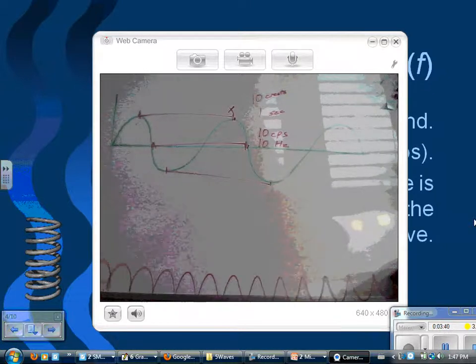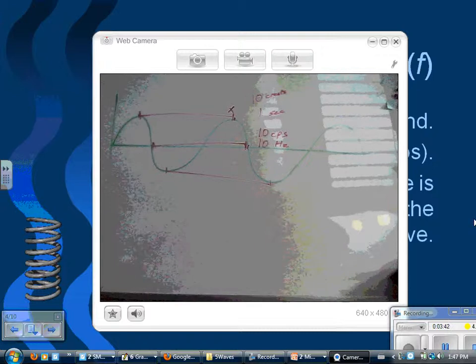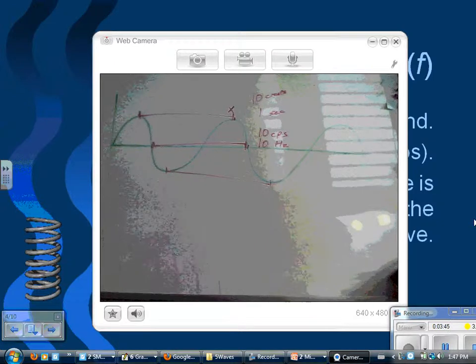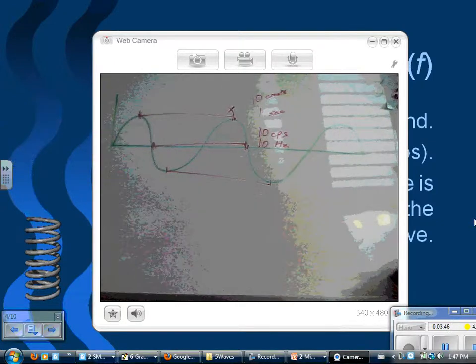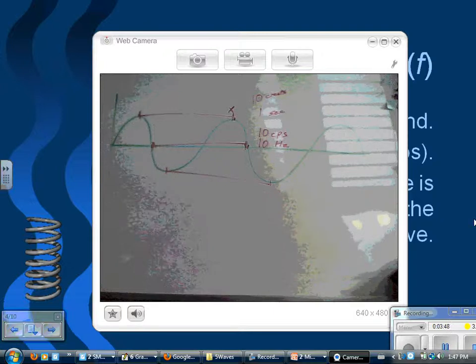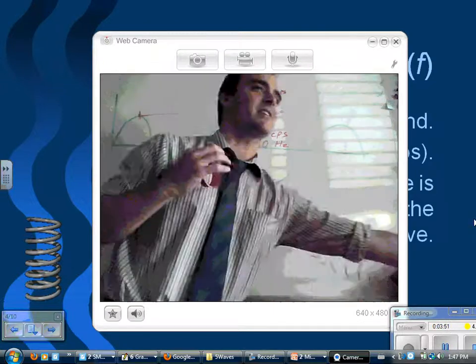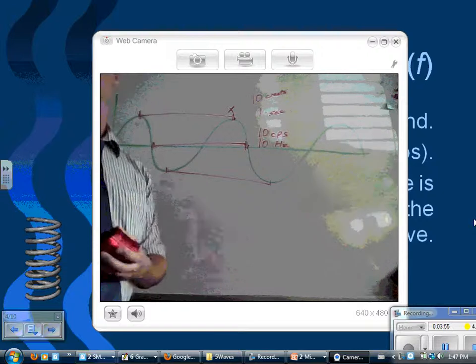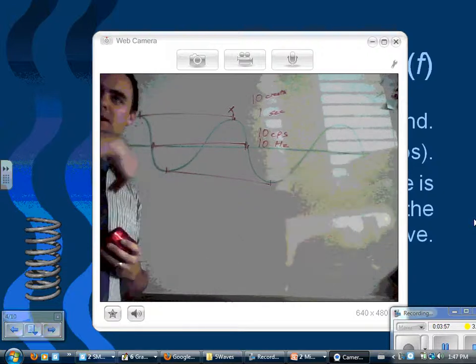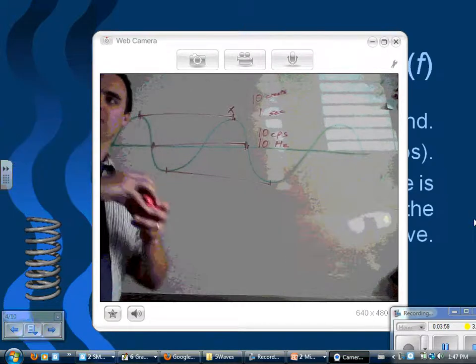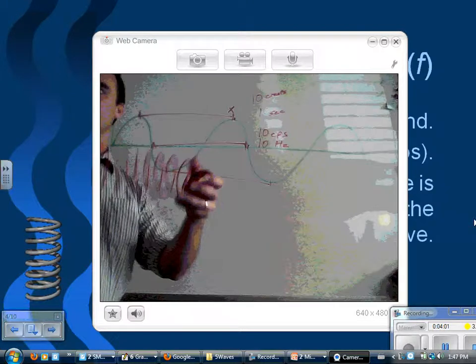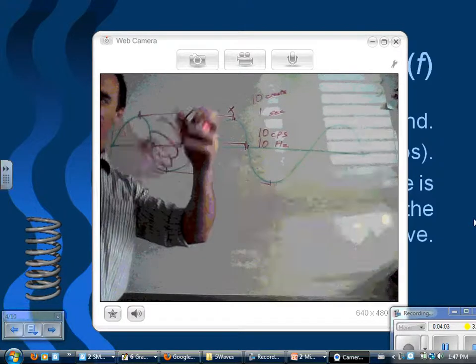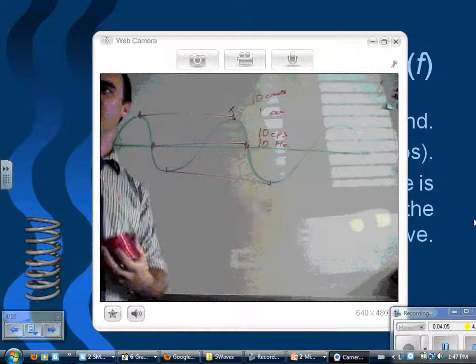So I'm going to just go 1, 2, 3, 4, 5, 6, 7, 8, 9, 10. So that was 10 cycles. So that would be an example of how a wave would travel through a medium. The medium here is the slinky. And I sent it down, and every time I sent a pulse down, that's one cycle.